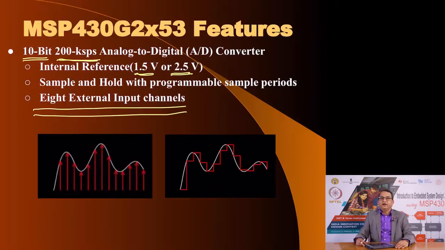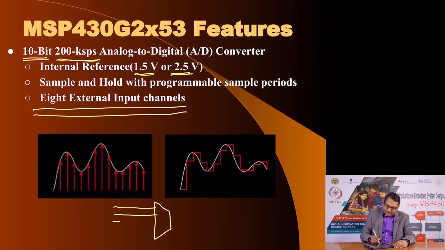That does not mean that it has 8 ADCs, it simply means that it has one ADC. If I draw the ADC block diagram like this, it has 8 channels, and with an analog multiplexer, you can select at any given time one of the inputs to be connected to the actual ADC, and a conversion will be performed.